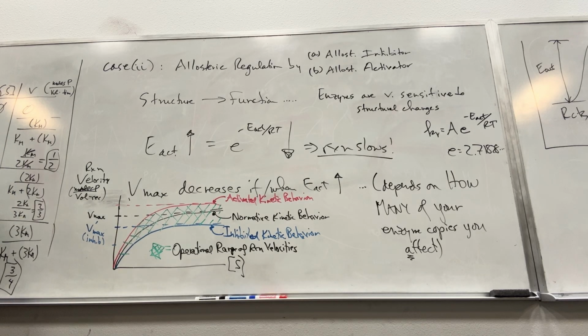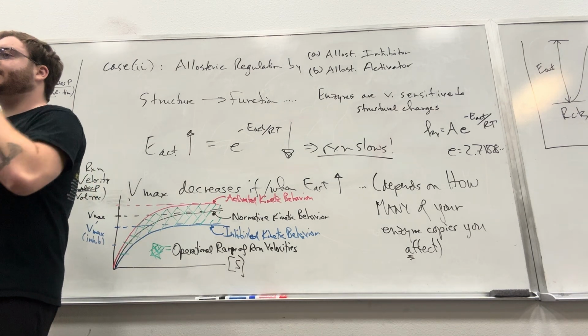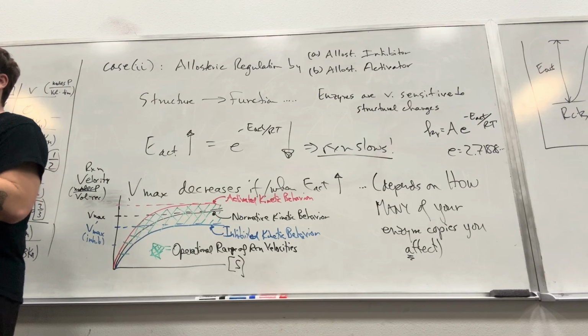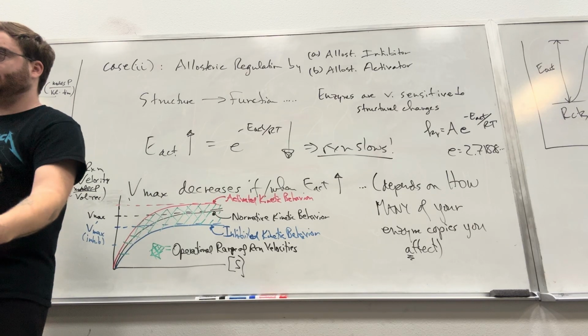Cool. Now the two of those together, plus the total amount that you have of these copies, dictate how fast you're going to go. The higher the probability of us working out together, the faster it will continue to run.